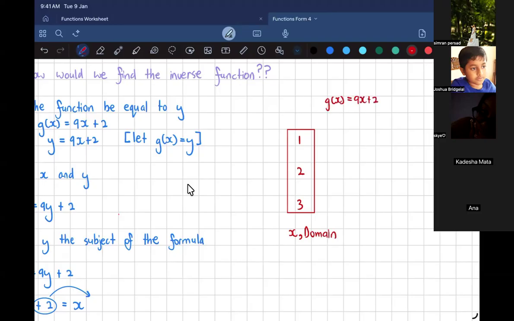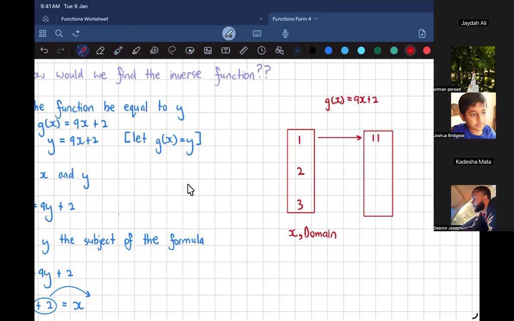So, Anna, if I follow that function, anything that I put in, I need to multiply by 9 and then add 2 to it. So, if I multiply 1 by 9, what's that? 9. And 9 plus 2 is? Alright. So, we map the x values onto the y values using the original function.